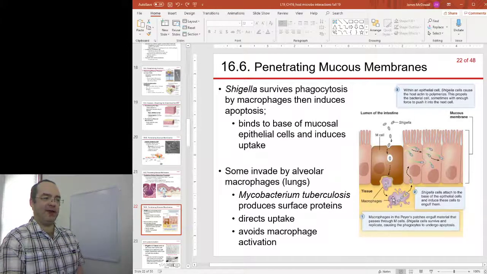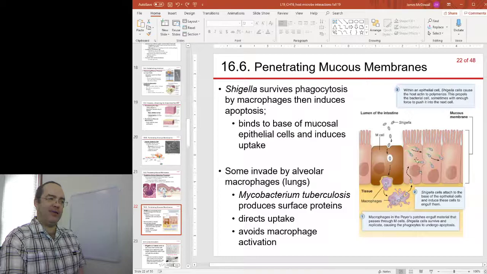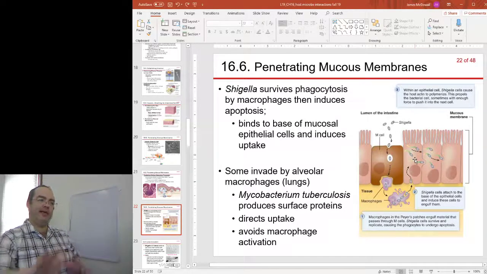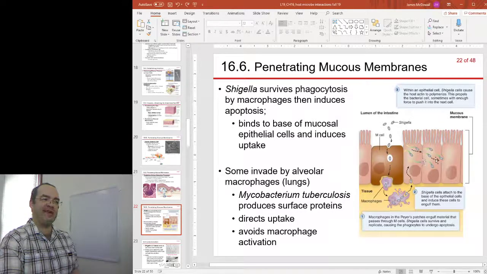Once it escapes the macrophage, it will then penetrate from the back of the epithelial lining of the intestine, and it'll swim around inside the cells. It'll duplicate, and it'll even move from cell to cell to cell.